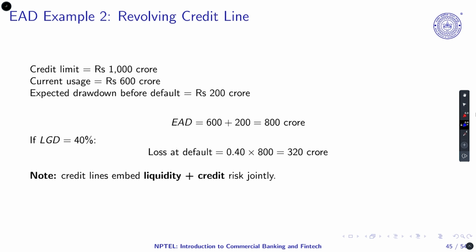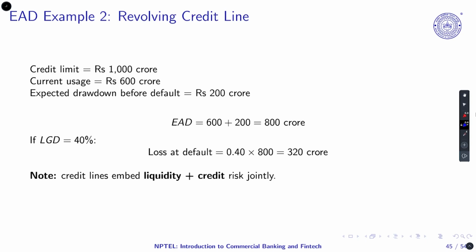Among the credit limit, suppose it is 1000 crore, current usage is 600 crore, and expected drawdown before default is just 200 crore. So exposure at default is going to be how much? It is 800 crore, and if the loss given default is 40%, so 40% of 800 is going to be 320 crore.